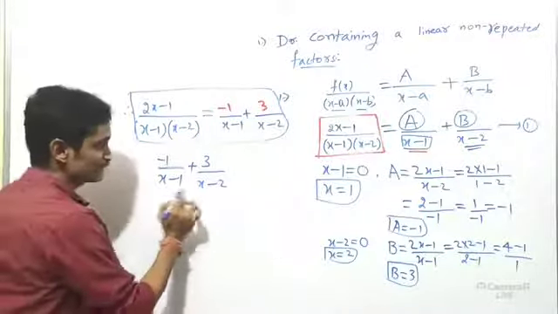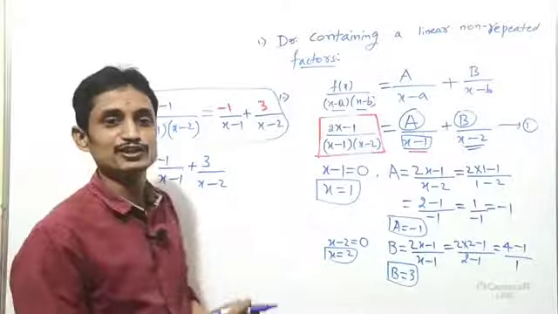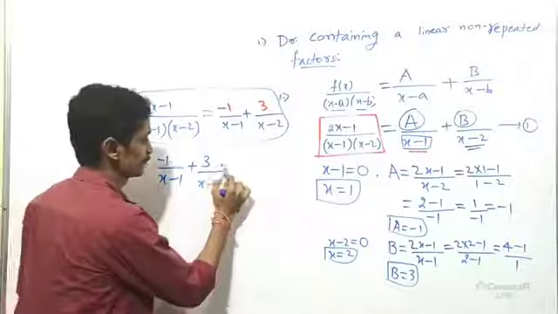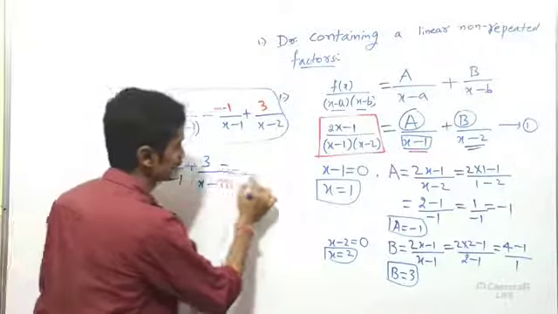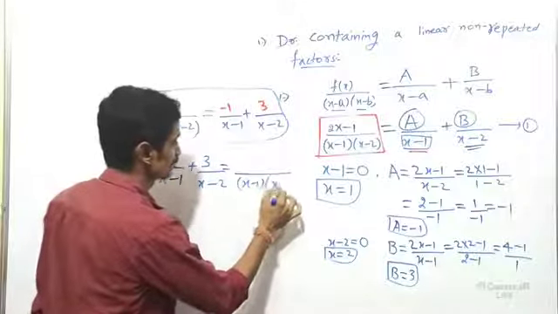If I add these two, we should get (2x minus 1) divided by (x minus 1)(x minus 2). Let us verify by taking the LCM. Both have different factors, so I can write here (x minus 1)(x minus 2).